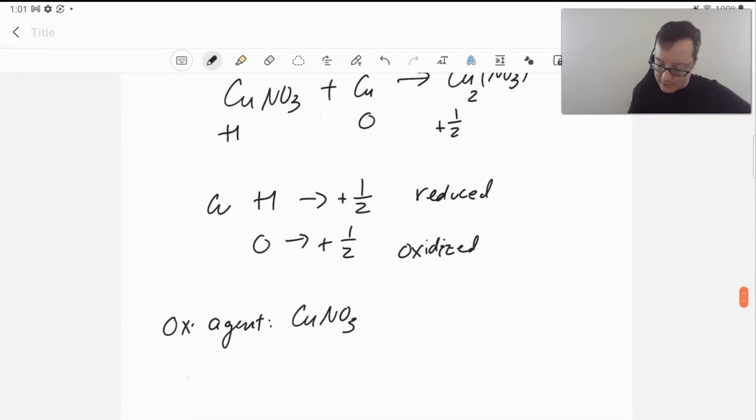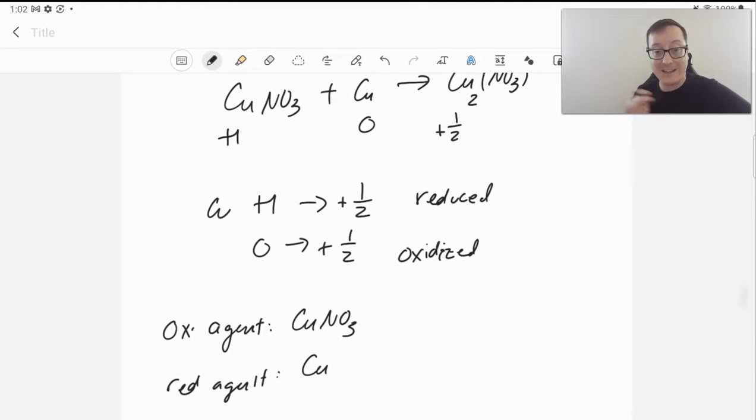Our reducing agent, in this case, is just the copper. That's the one that's being oxidized, the one that's starting at 0. Whatever reactant has the copper that starts at 0, that's our reducing agent. So even if you have the same element, you have to find out which oxidation state is for which compound and which is the one that's changing.